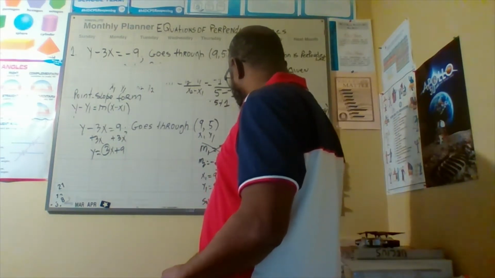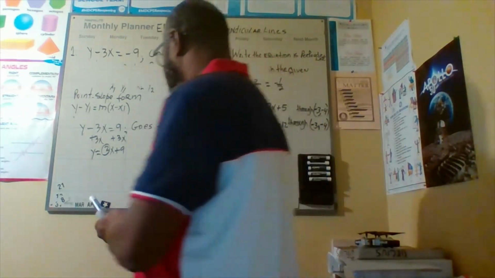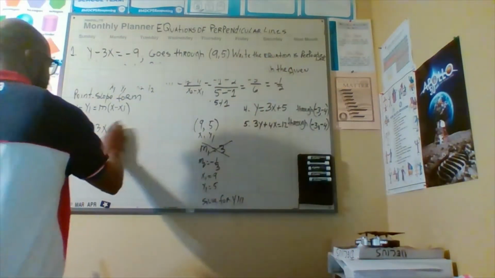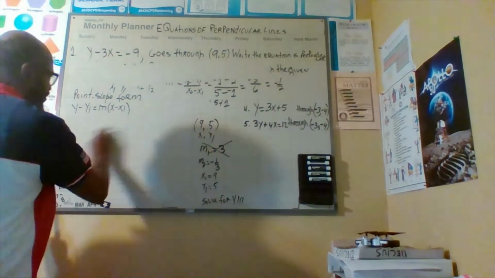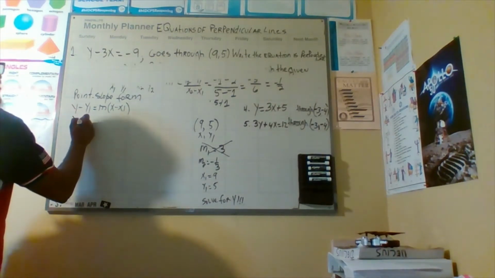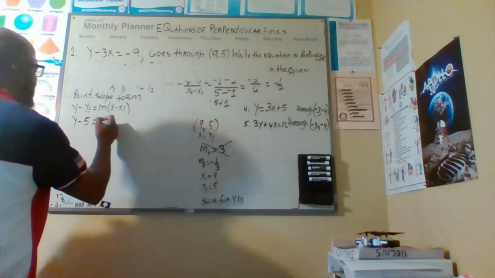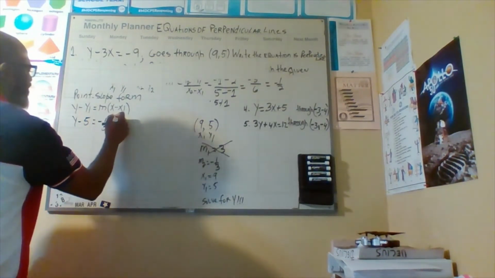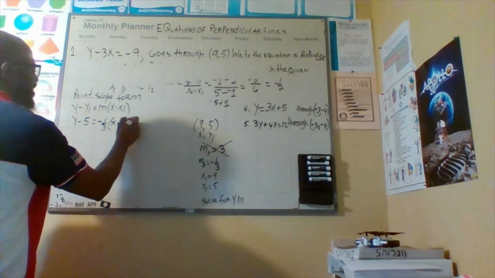So we're going to use the point-slope formula. You don't need that information again. You only need it to find your slope. So you're going to go here. That'll be y minus y1, which is 5, equal this slope, which is negative 1/3, times x minus x1, which is 9.